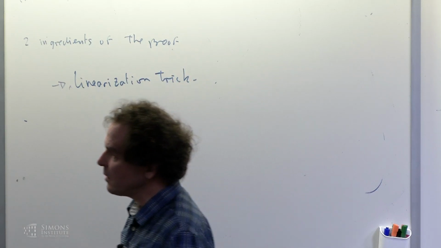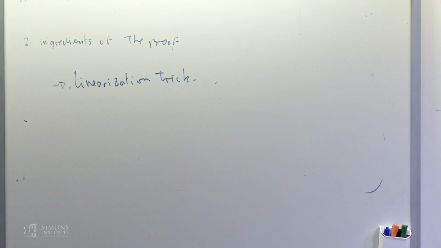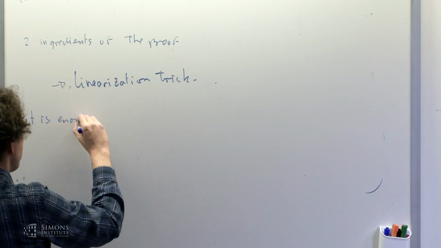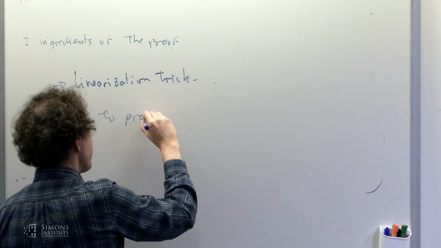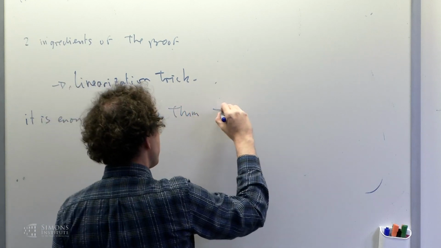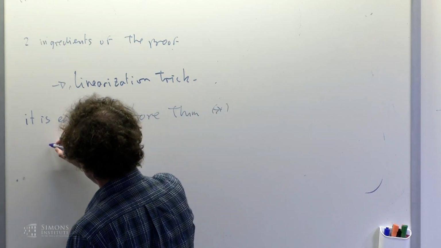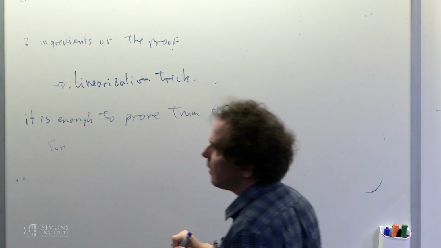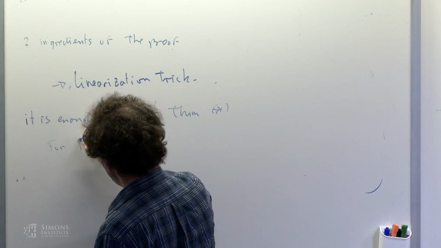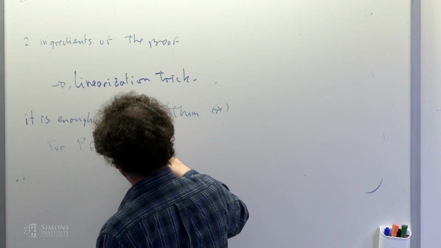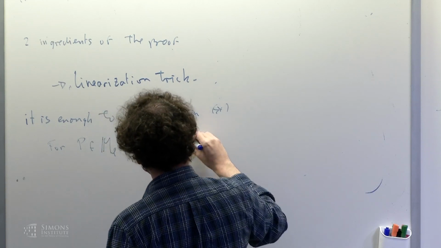And the statement is as follows. So the way I could state the linearization trick is that it is enough to prove the main theorem for P in M_L of F_k of degree 1.